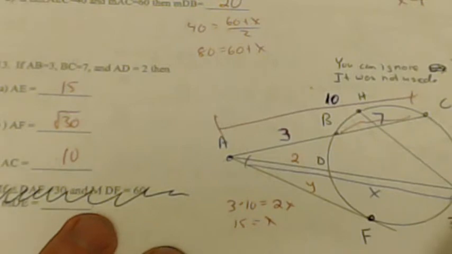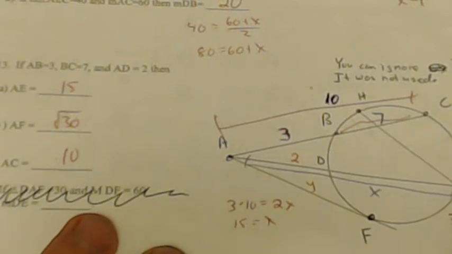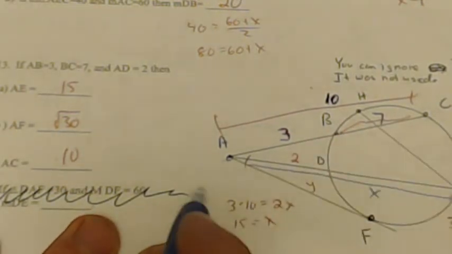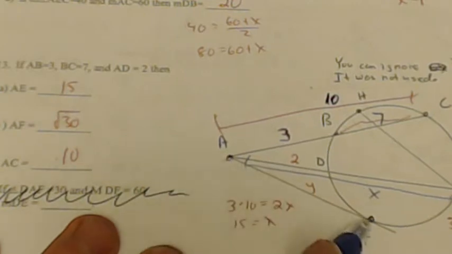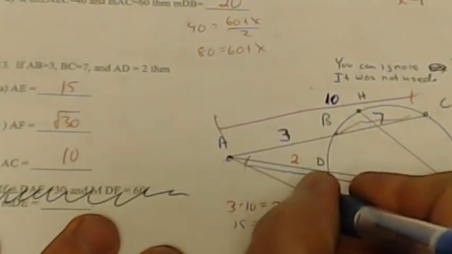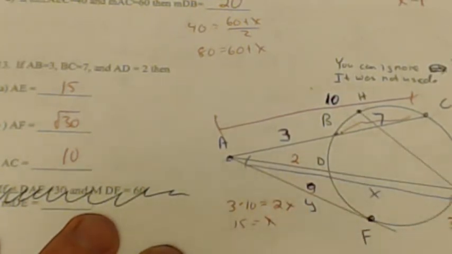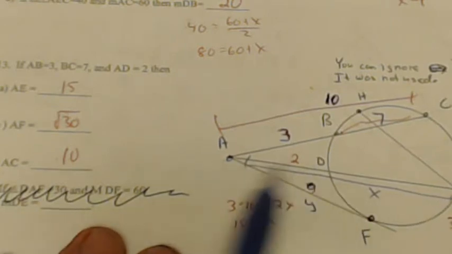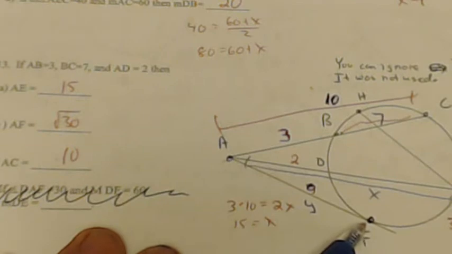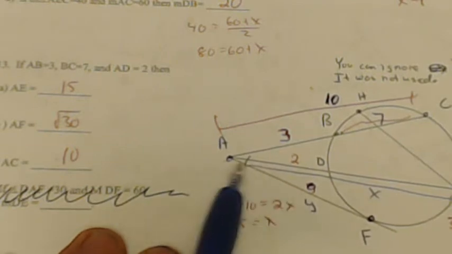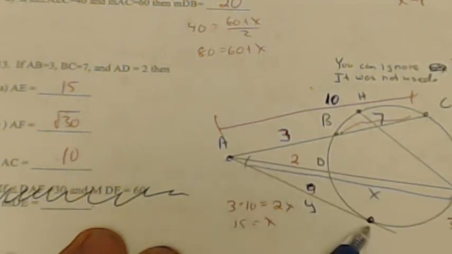To find our answer for segment AF, well, notice what segment AF is. It's this tangent segment here. And let's call its length y. Then we've seen in class that what we do when we've got one of these being a tangent, all you have is a part outside. So we use that y as both the part outside and the whole length.